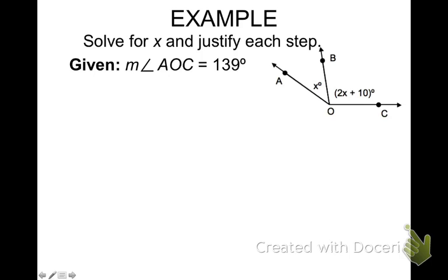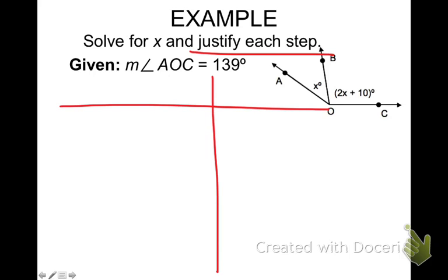We did this plus this and equal it to the whole degree, right? Well, now we have to actually put it in an actual proof and justify our steps, okay? So whenever you see the words justify each step, you should automatically make yourself a T-chart, statements on the left, reasons on the right.